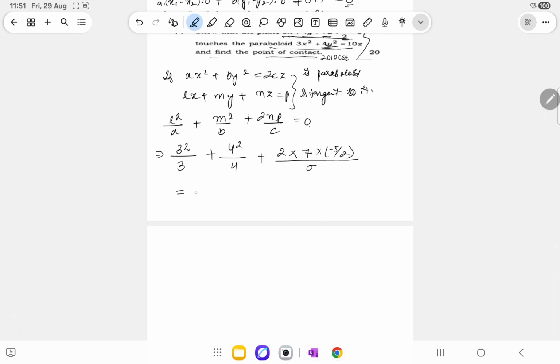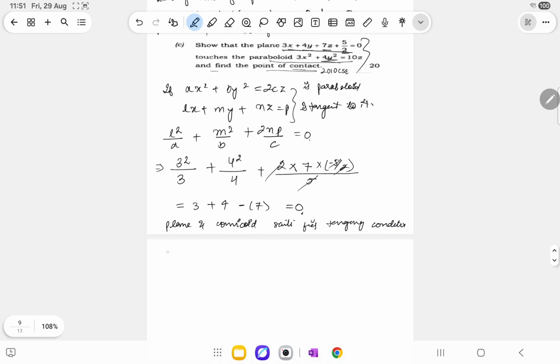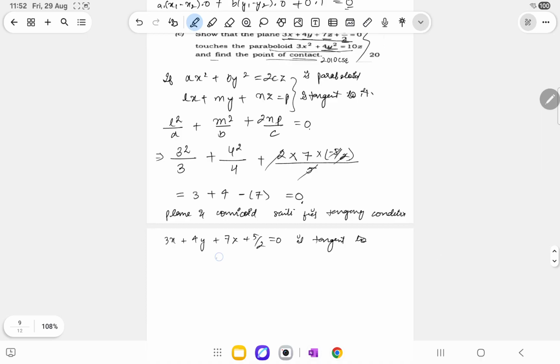I'll get 3 plus 4, this 2 balances this one and this 5 balances this, into minus 7, which is basically equal to 0. So the plane and the conicoid satisfy the tangency condition. So the given plane, 3x plus 4y plus 7z plus 5 by 2 equals to 0, is tangent to 3x square plus 4y square is equals to 10z.